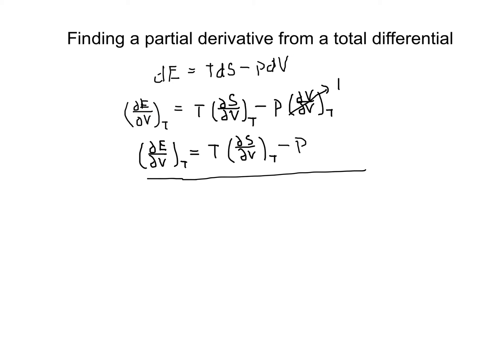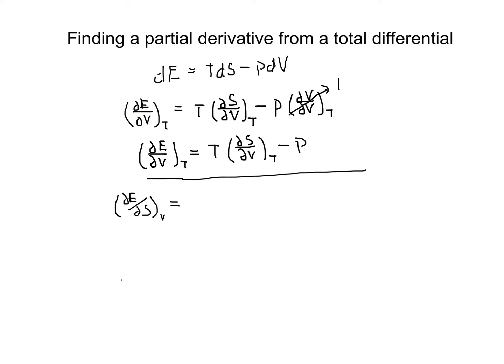Let's look at another example. Perhaps I want to look at how the energy changes as I change the entropy at constant volume. So in this case, the volume is constant, so dV is equal to 0, and that last term vanishes.